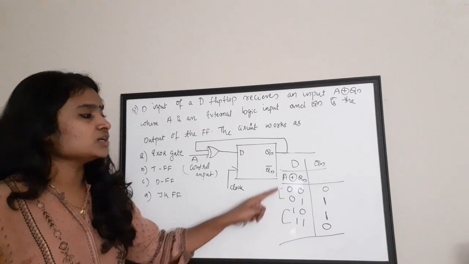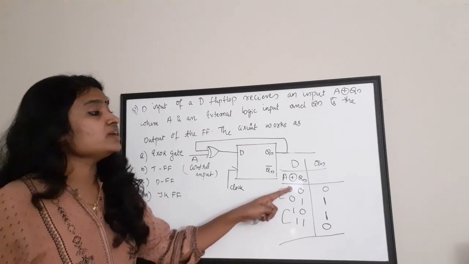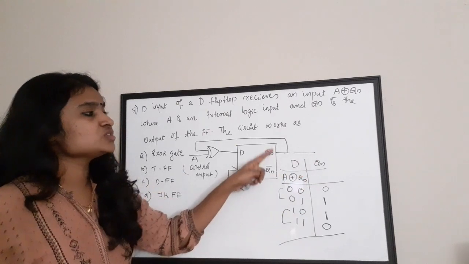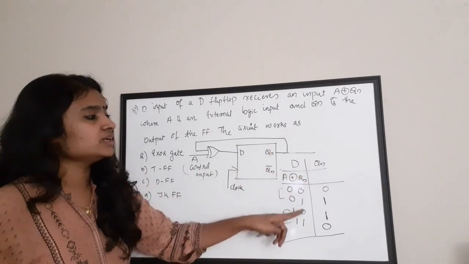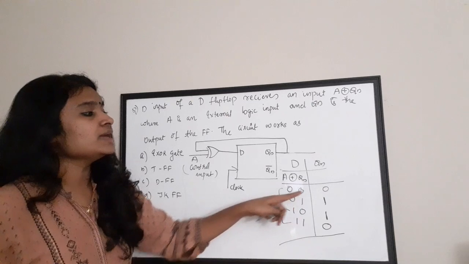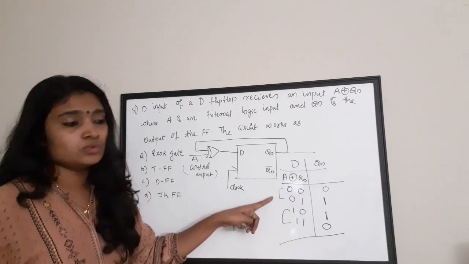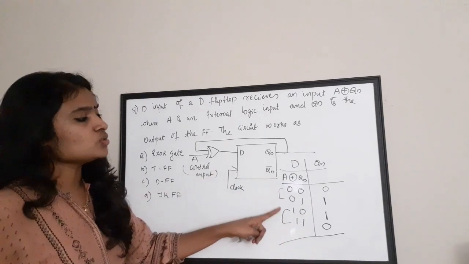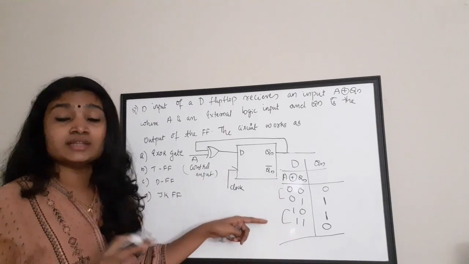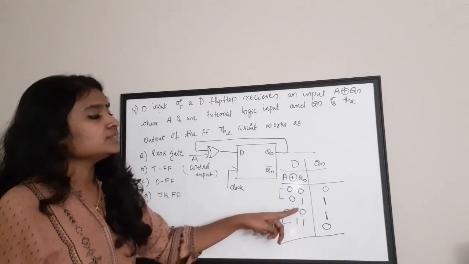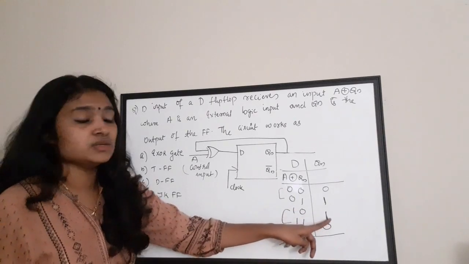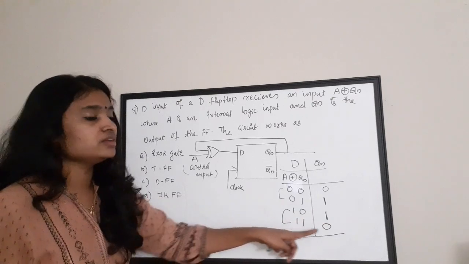When this control input is 0, we have obtained the values of Qn as the previous Qn values itself, right? We have taken this Qn as 0 and 1, and when the control was 0, the output is 0 and 1 itself. When the control value is 1, that is when the value of A is 1, then the output is obtained as 1 for 0, and 0 for 1.